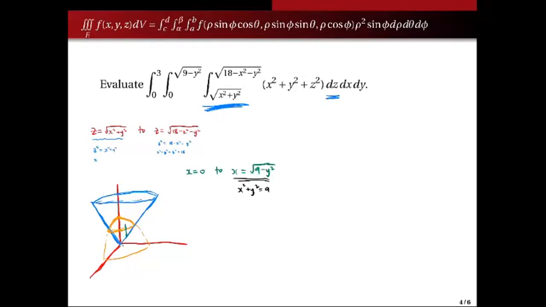So you will have this portion from this point here. Let me use a different color. So from this point here, going to that. That's the maximum value for your x, from 0 until that portion of the circle, which is of radius 3.